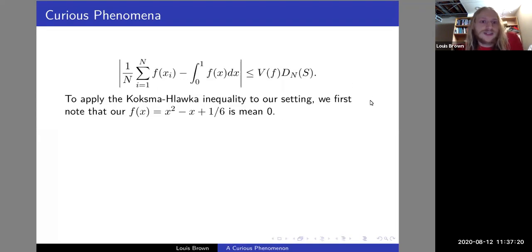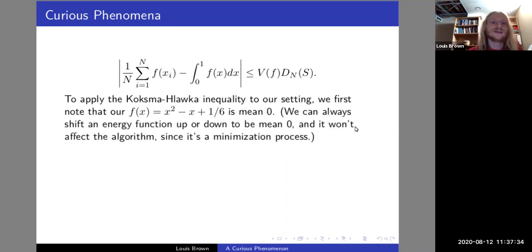And first, let's note that our function f of x equals x squared minus x plus 1/6 is mean 0. If you integrate this from 0 to 1, you're going to get 1/3 minus 1/2 plus 1/6, which is 0. And in fact, whatever energy function we have, we can always shift it up or down to be mean 0, and it won't affect the algorithm because this is a minimization process. If we have f of x plus 5, we're still going to have our minimum at the same x value.